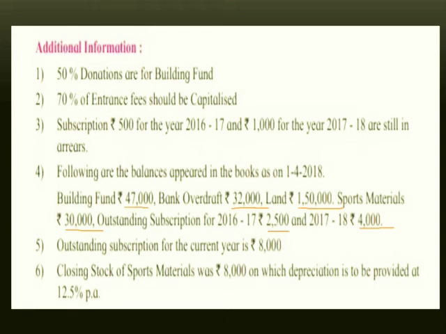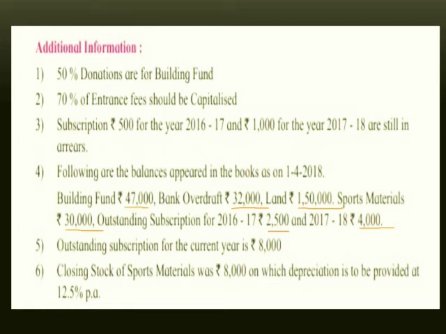Then following are the balances appeared in the books as on 1st April 2018: building fund, bank overdraft, land, sports material, outstanding subscription for 16-17 and 17-18, 4,000 is given. Actually, this fourth adjustment is given only to find out the capital fund.